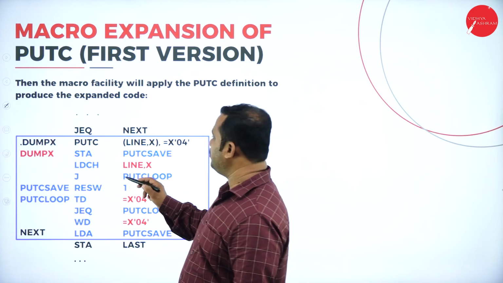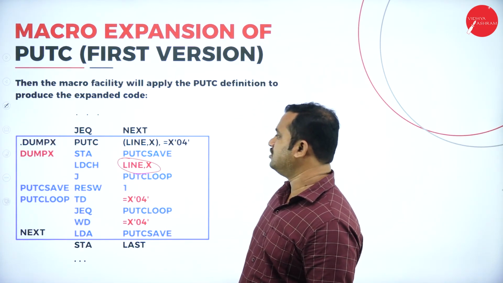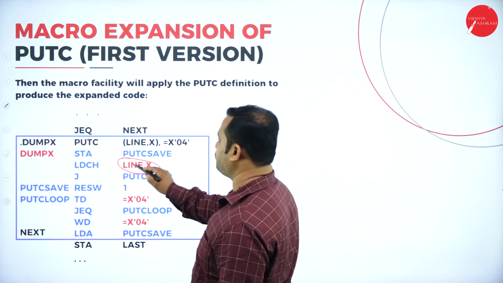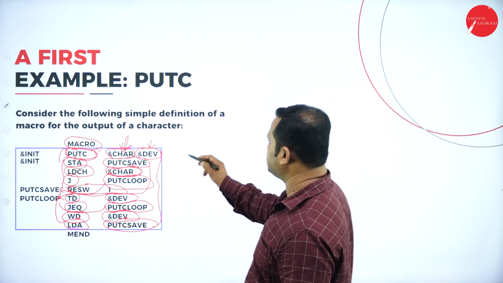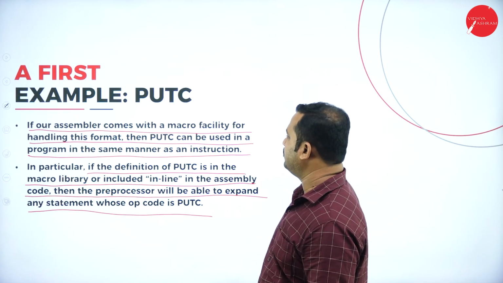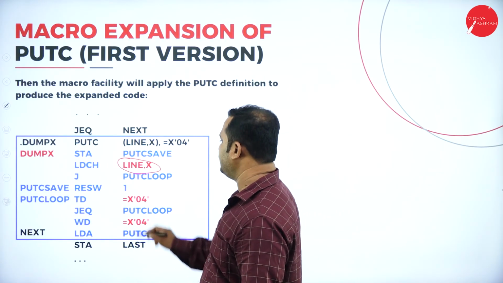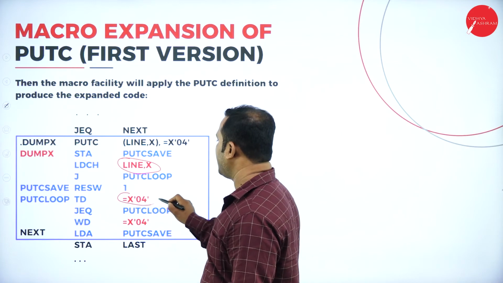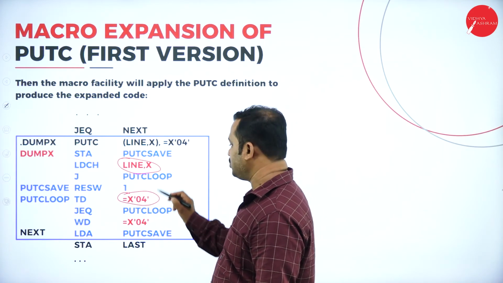If you look at this, you are clearly able to see that the line comma X is placed in place of this put C save. If you look at this, we have the function which is defined there, ampersand character. Which is that character we have here? We have the character which is equal to line comma X. Then we have TD, which is that device that is going to present input, that is X identified by 04.